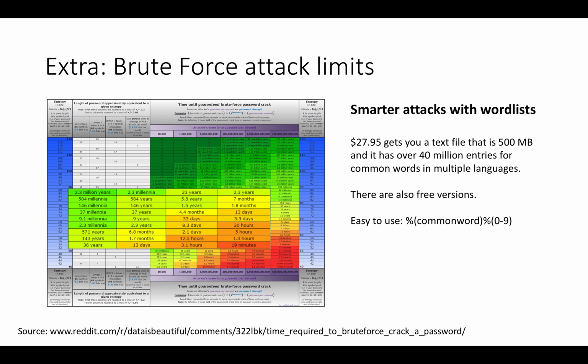So here's an interesting graphic that a person on Reddit came up with and did some analysis on what a brute force looks like. They basically did a calculation between the length of the password and the number of different values that could be in there, and they attribute that to entropy.